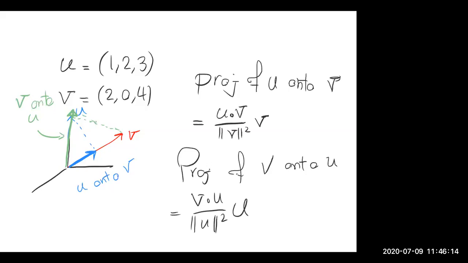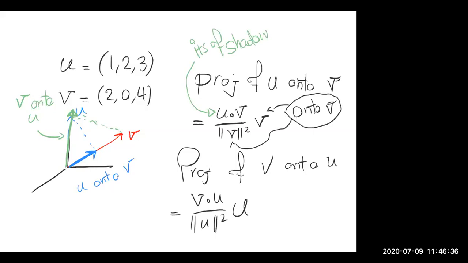You should be careful. There's U and there's V. U is the thing we are looking at the shadow of, and V is the thing we are looking at the shadow on. So it's the projection onto V. They have completely different roles.